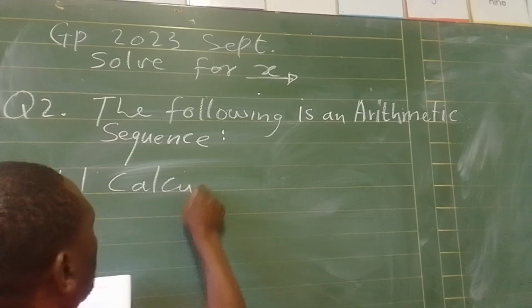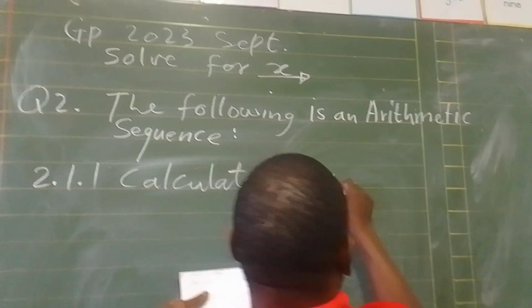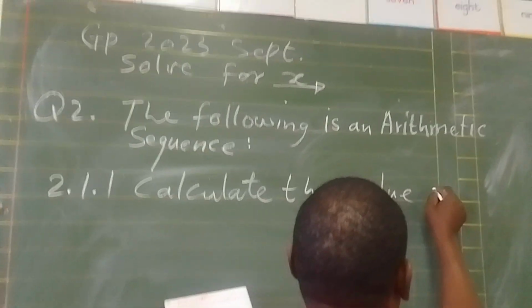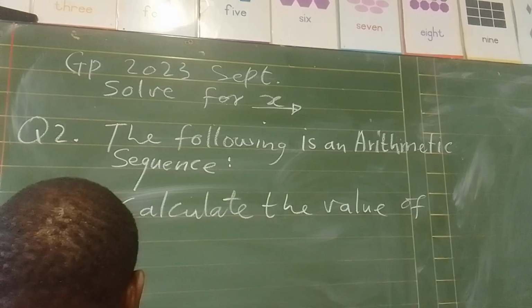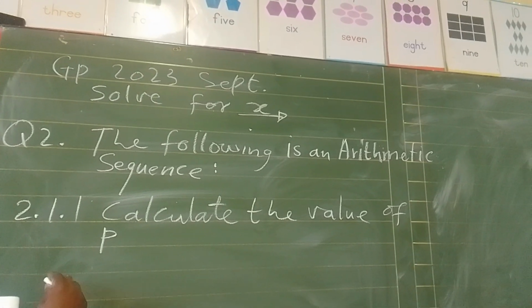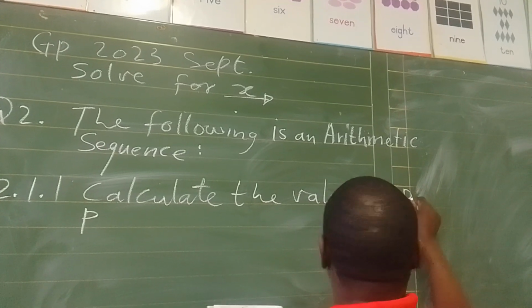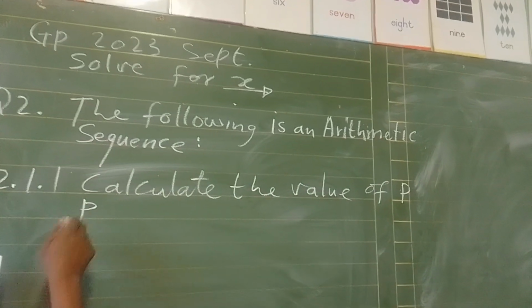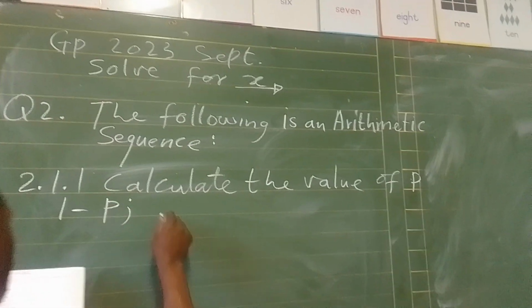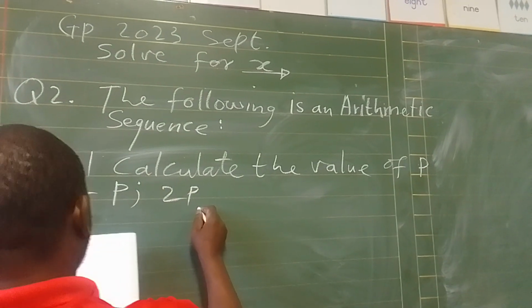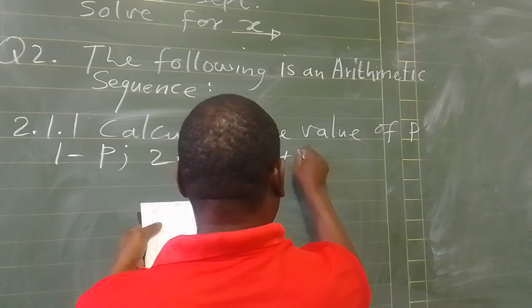Calculate the value of P. You are given the sequence of P, so that I will use this one as a sequence: 1 minus P, 2P minus 3, and P plus 5.